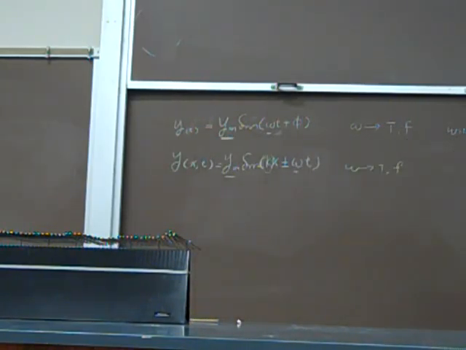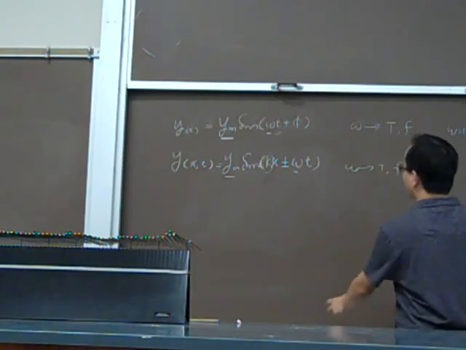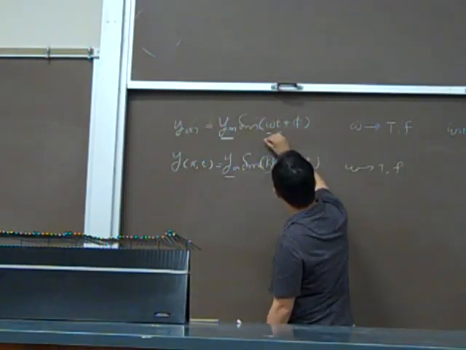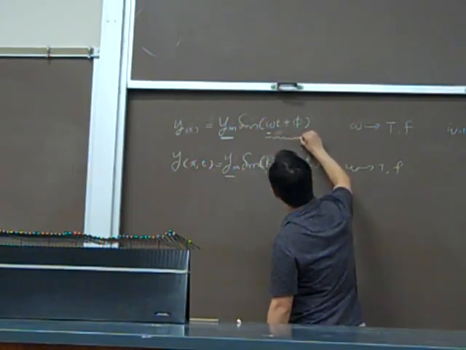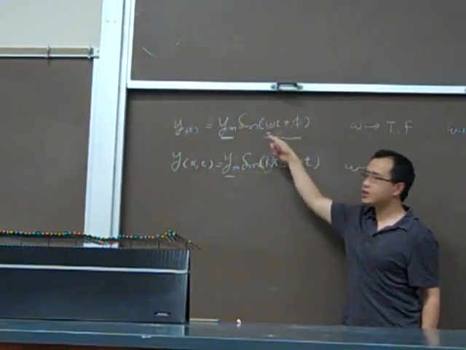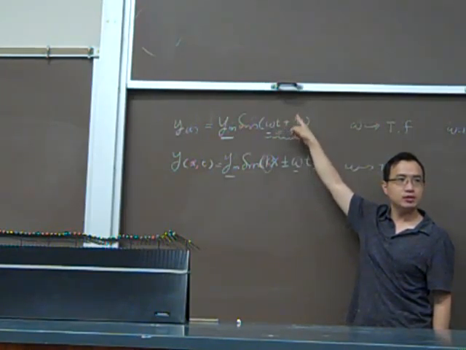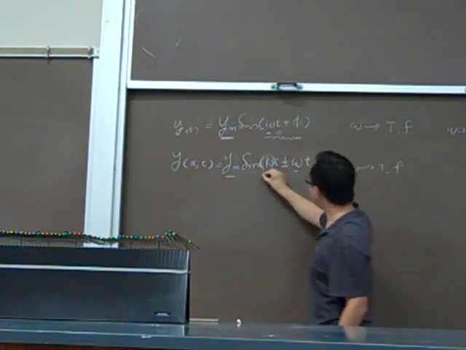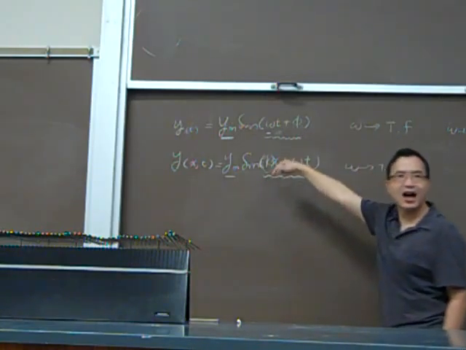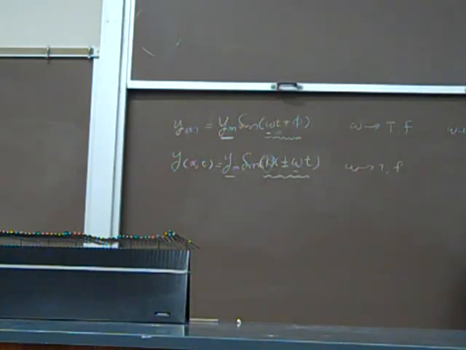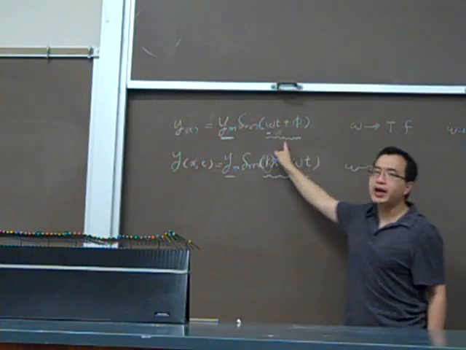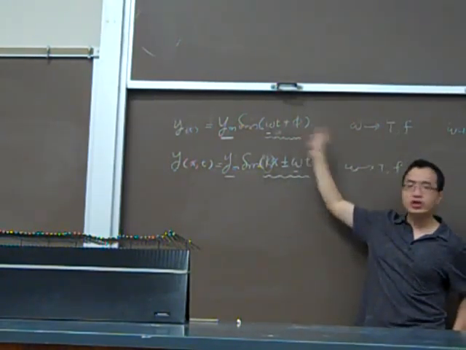Okay. But before we talk about k, let's emphasize. To describe the oscillation, what do we call this? Phase. And similarly, whatever is inside of the sine function, we also call phase. This is the phase of the wave. And the phase of the oscillation is a function of time t.